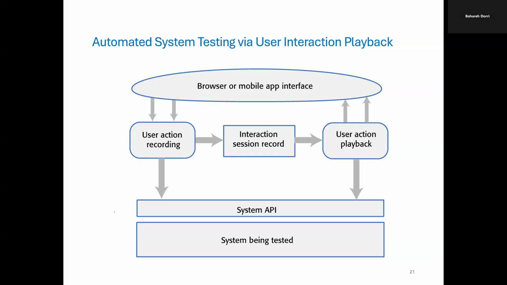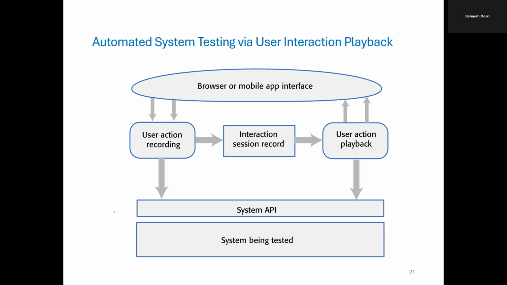Now, instead of repeating those steps manually every time the system changes, the tool saves your session. These saved session or interaction records can be played back automatically. It's like hitting replay on a screen recording, but with real data flowing into your application.